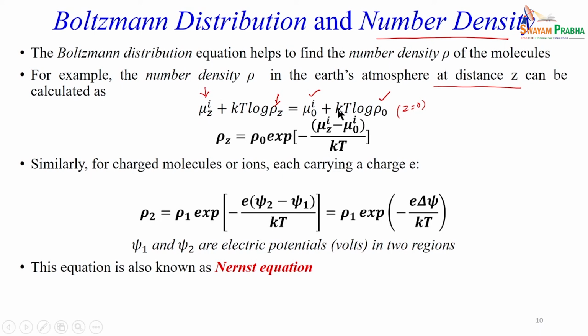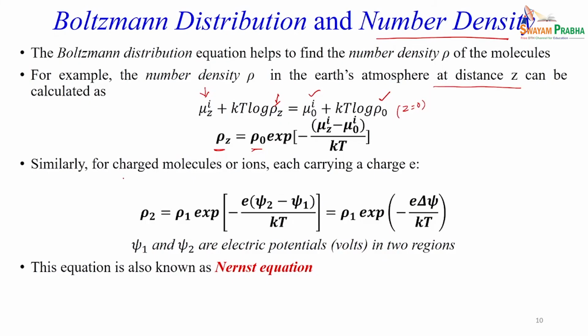So from here we can simply calculate rho z upon rho 0 is equal to e to the power minus delta mu upon k T, so you can say (mu z minus mu 0) upon k T. If this number density is known to us, we should be able to calculate the interaction potential, or either way, if this interaction potential is known, we should be able to calculate the number density.